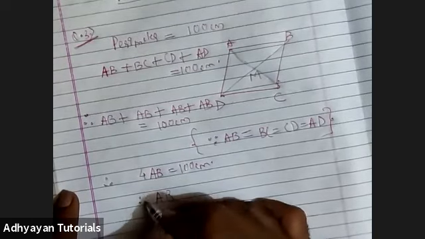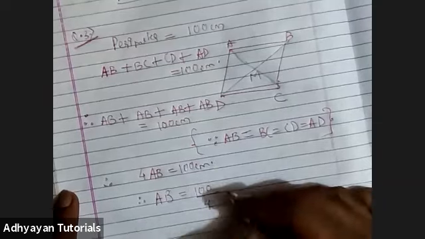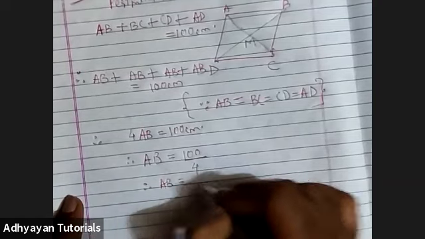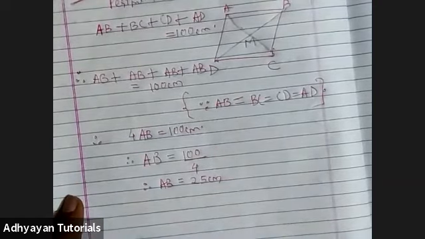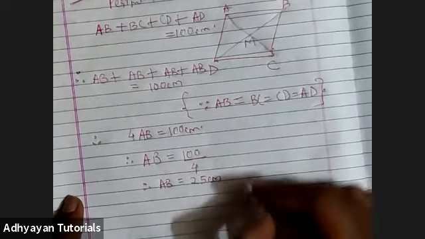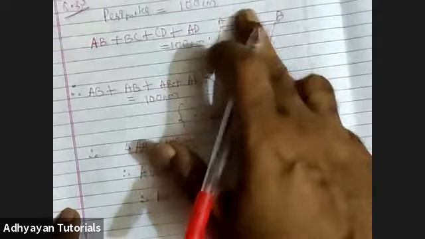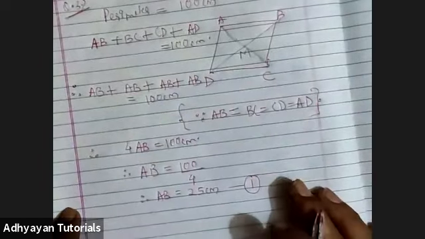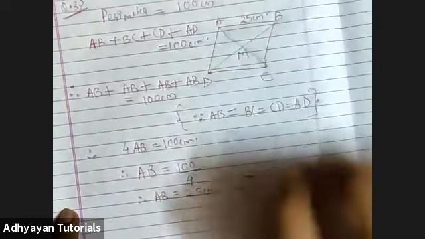So AB is equal to 100 upon 4, which is nothing but AB is equal to 25 centimeter. Is that clear? I mark this as equation 1. Now, since AB is 25, all the sides will be 25, right? So I just write that AB is 25.